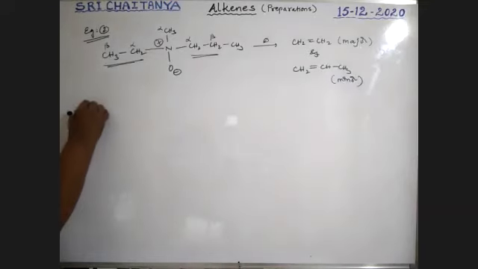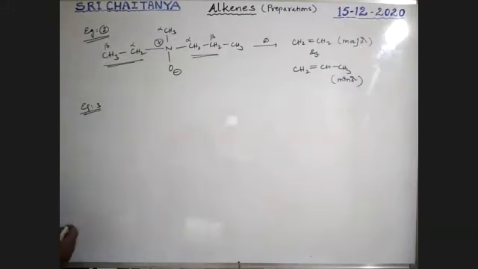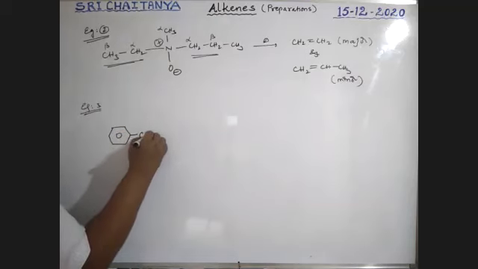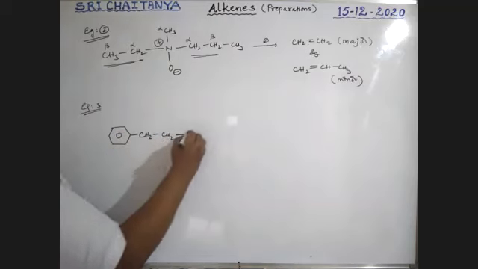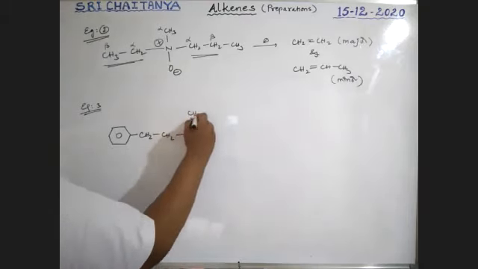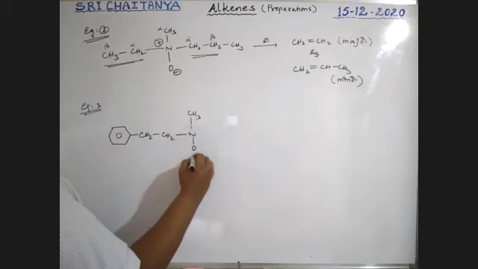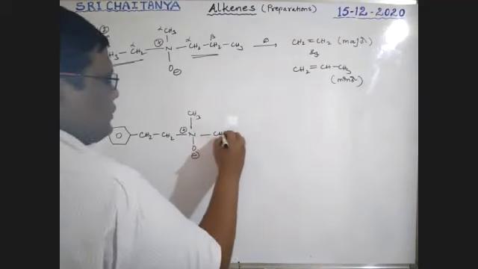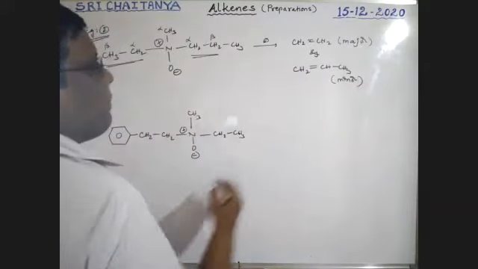Next one, example 3. See here, boys: CH2CH2N(CH3) with O minus, this one gets positive charge, CH2CH3.